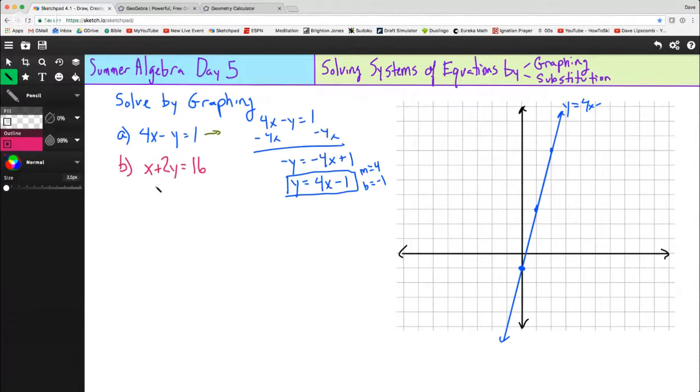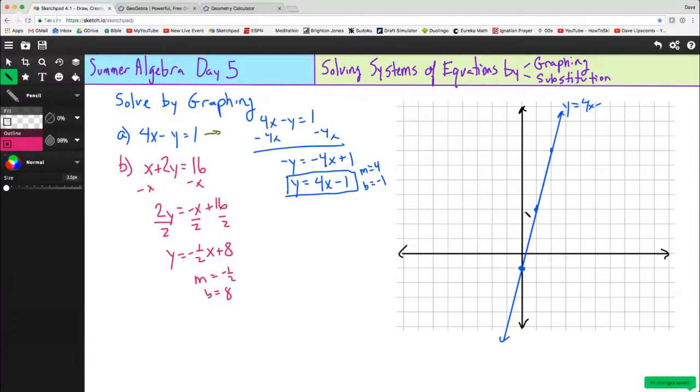So subtract x from both sides, we get 2y equals negative x plus 16. Divide everything by 2, and we get y equals negative 1/2 x plus 8. And there we have a slope of negative 1/2 and a y-intercept of 8.